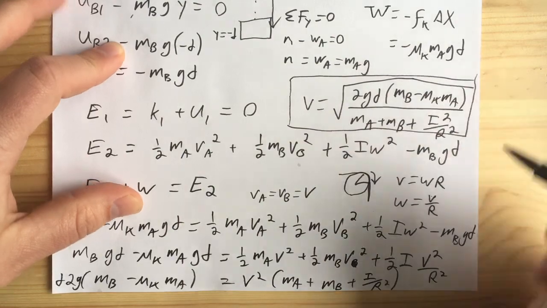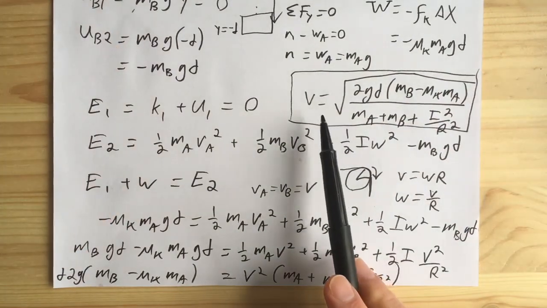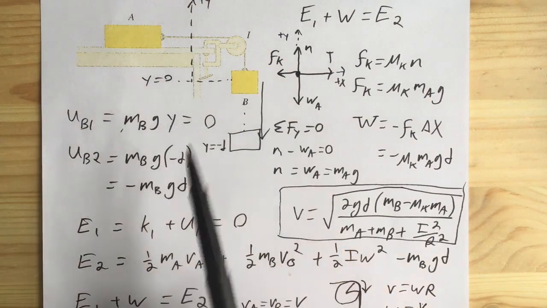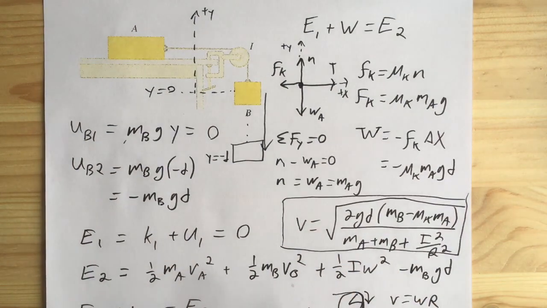So here is my equation. This is my prediction for the velocity of B, or of A, or of the string, or of the edge of the pulley. They're all moving at the same velocity after B has fallen a distance d.